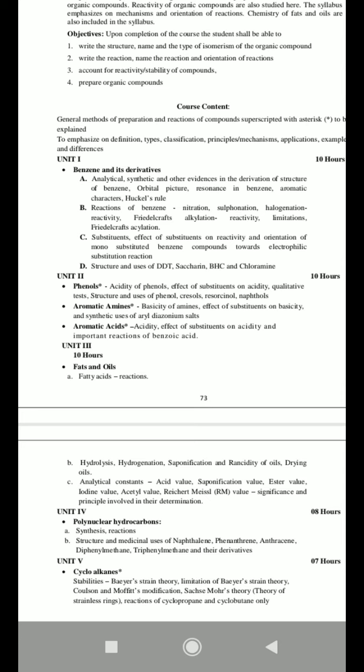Then unit 5 is for 7 hours. In that, cycloalkanes, with a star mark.